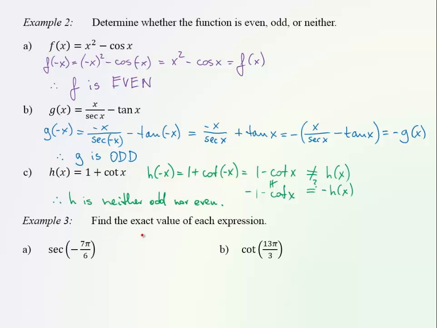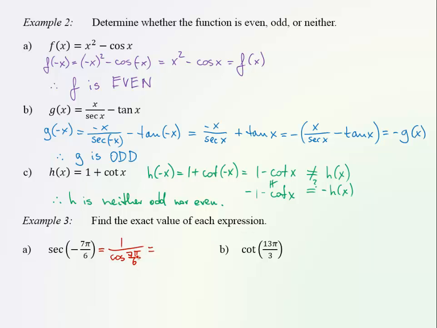Now we want to find the exact value of the following expressions. Secant of a negative angle. First of all, secant is a reciprocal of cosine, which is even, so we can forget about this negative and we can write 1 over cosine of 7 pi over 6.